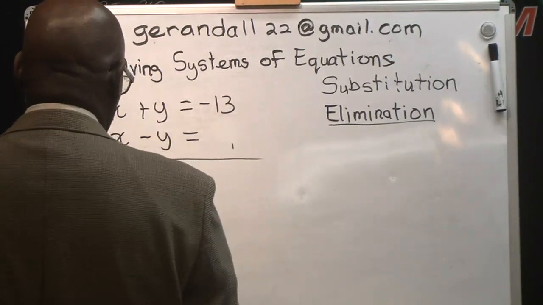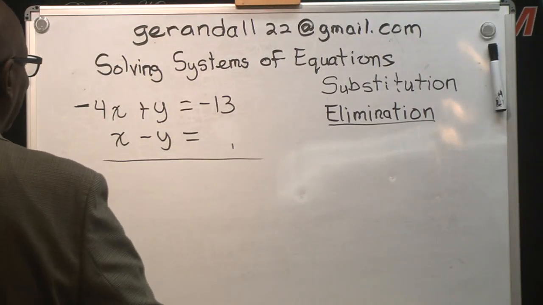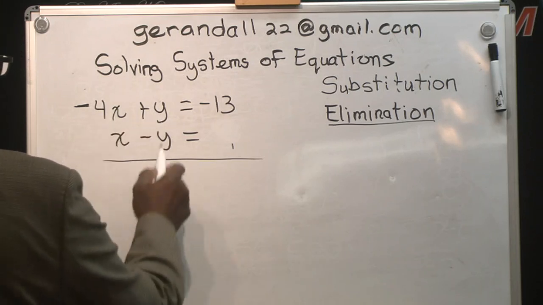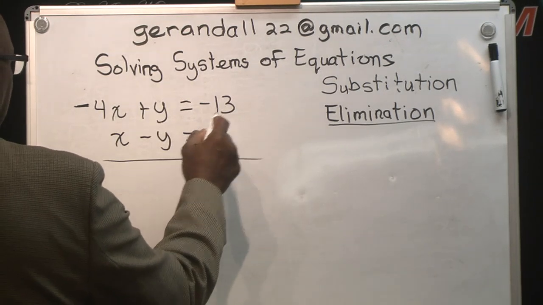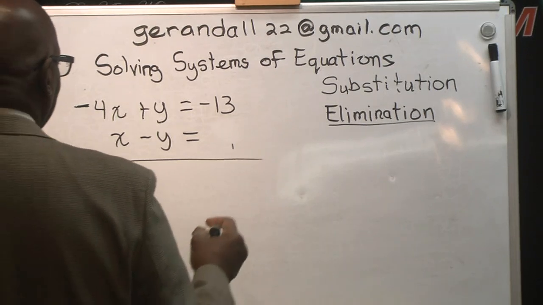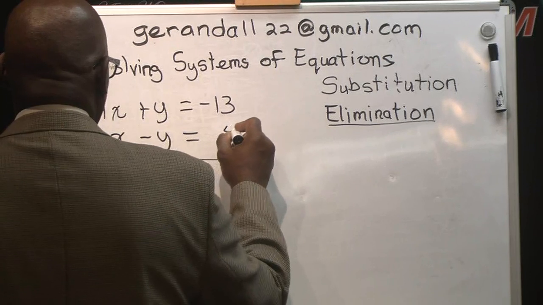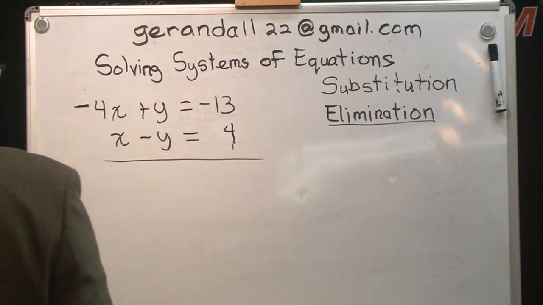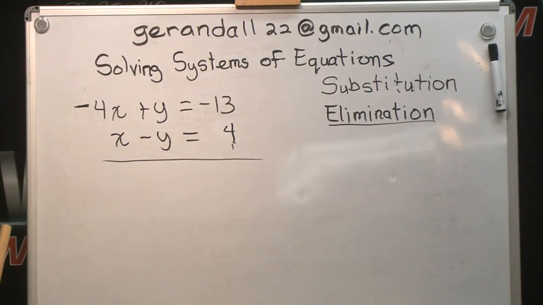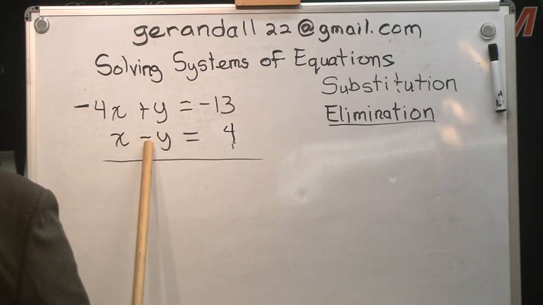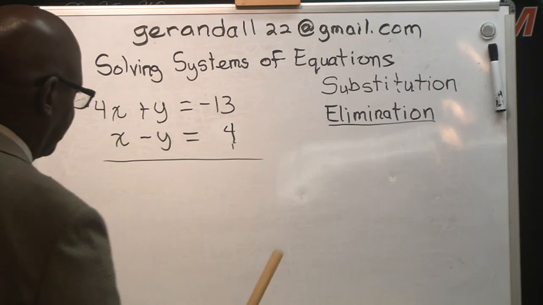What we're going to do here, we have minus 4x plus y equals minus 13. Now, if you look at this closer, we also have x minus y equals 4.